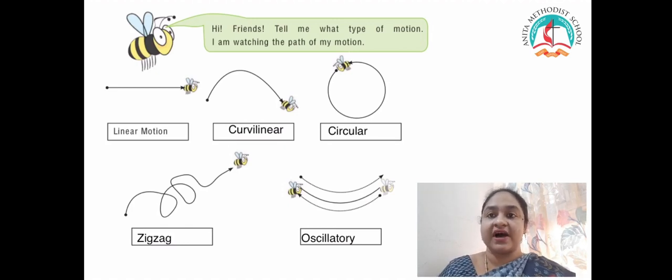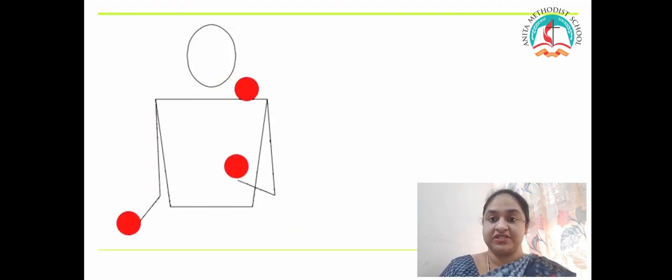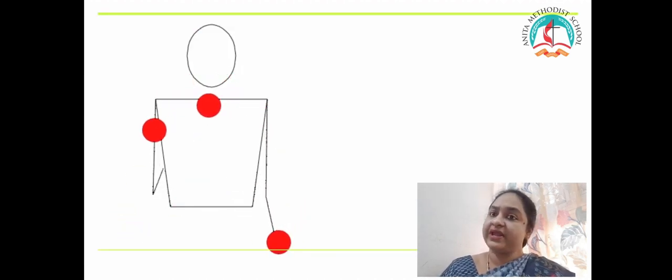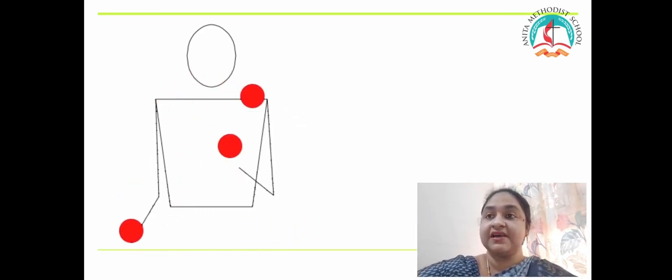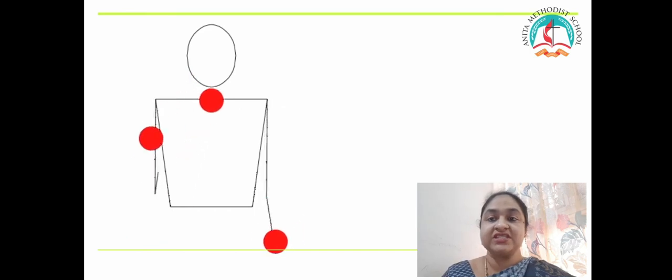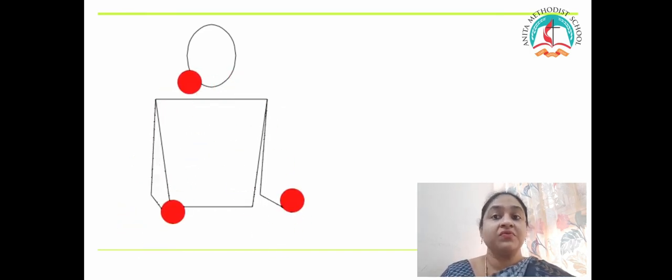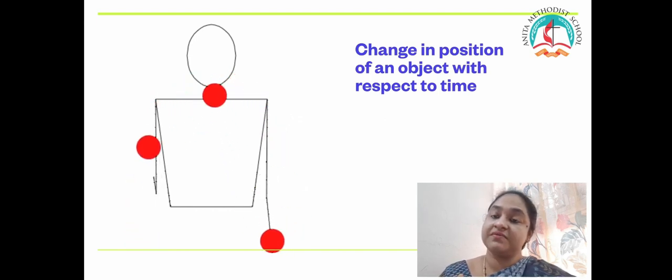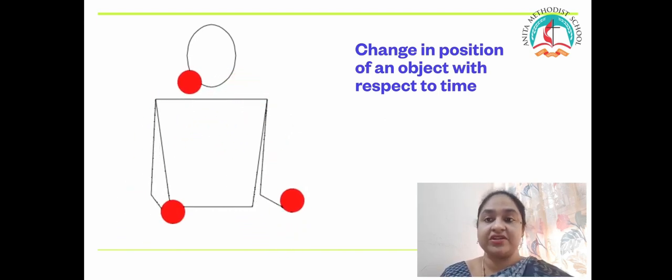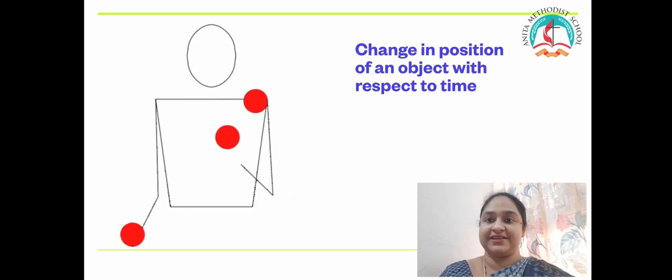Okay, so far we have learnt different types of motion. Should we recall what is motion which we learnt in the previous class? Yes, change in position of an object with respect to time. Think of the 100 meters race that you run during the sports week.